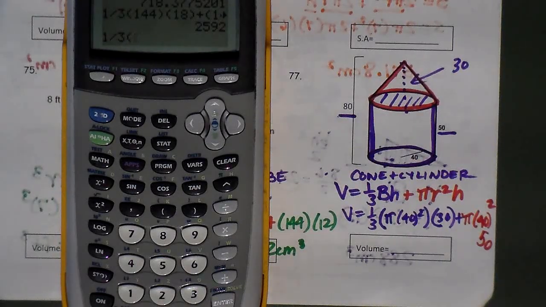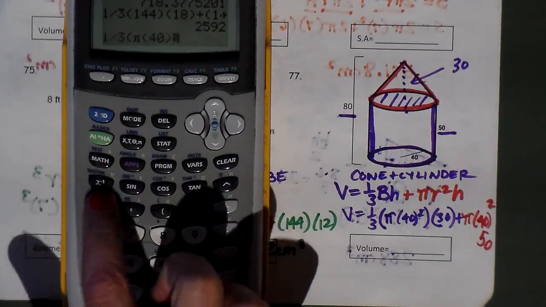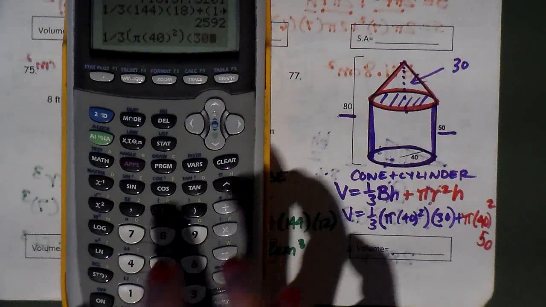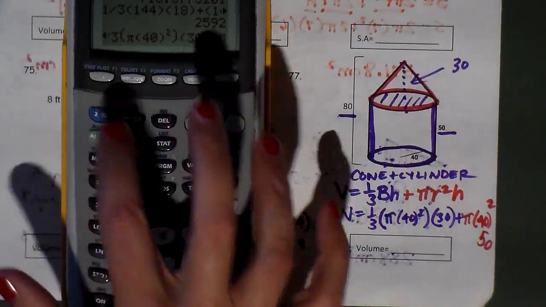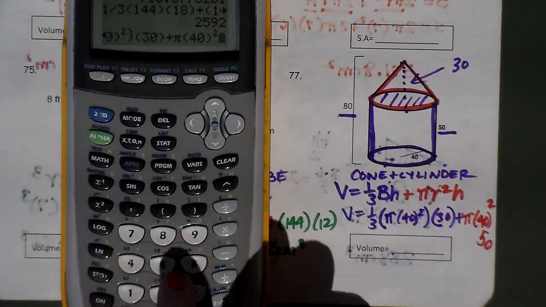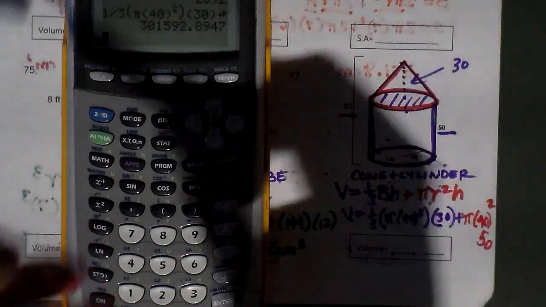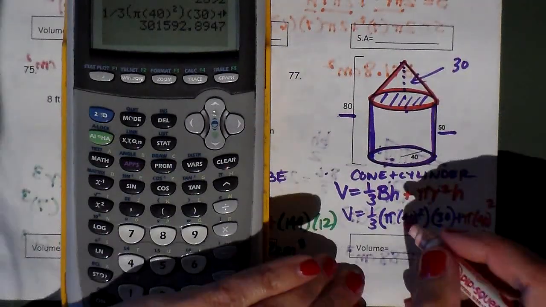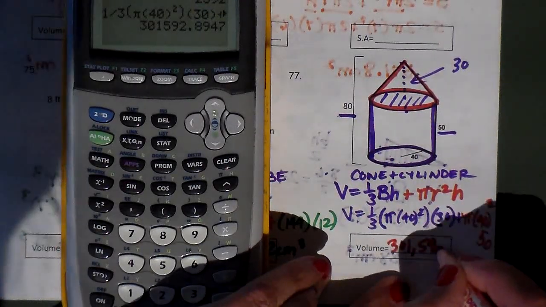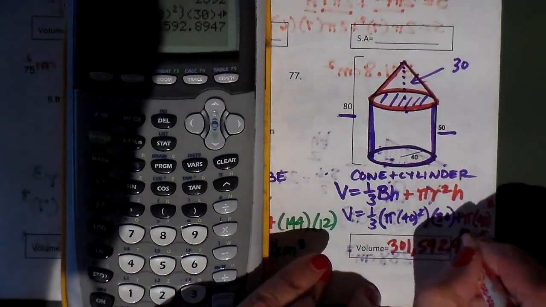Okay, so 1/3 pi times 40 squared times 30 plus pi times 40 squared times 50. And we get a massively large number for the volume here. We get 301,592.9, and there's no units there, so it's units cubed.